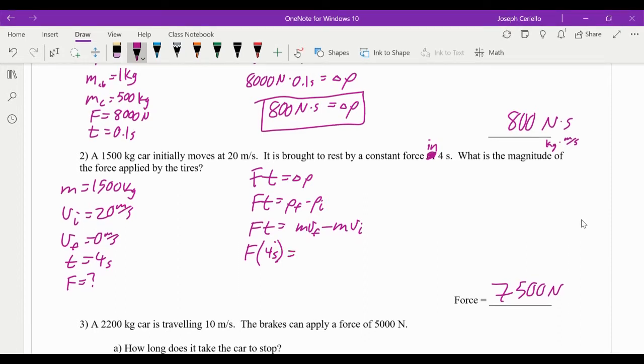I'm going to substitute with units just to get in those good habits. Equals, let's see, now we have 1,500 kilograms times 0 meters per second minus 1,500 kilograms times 20 meters per second.